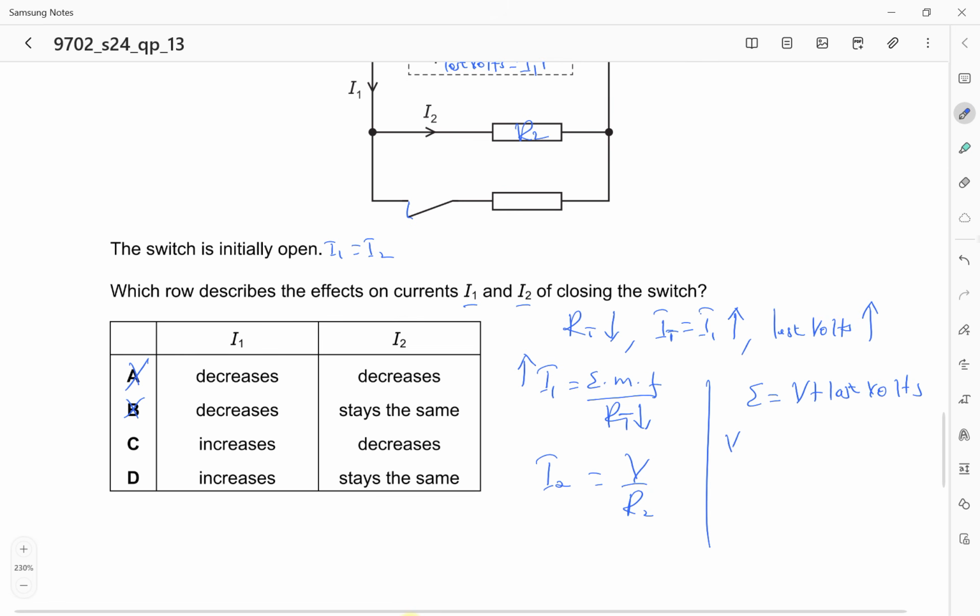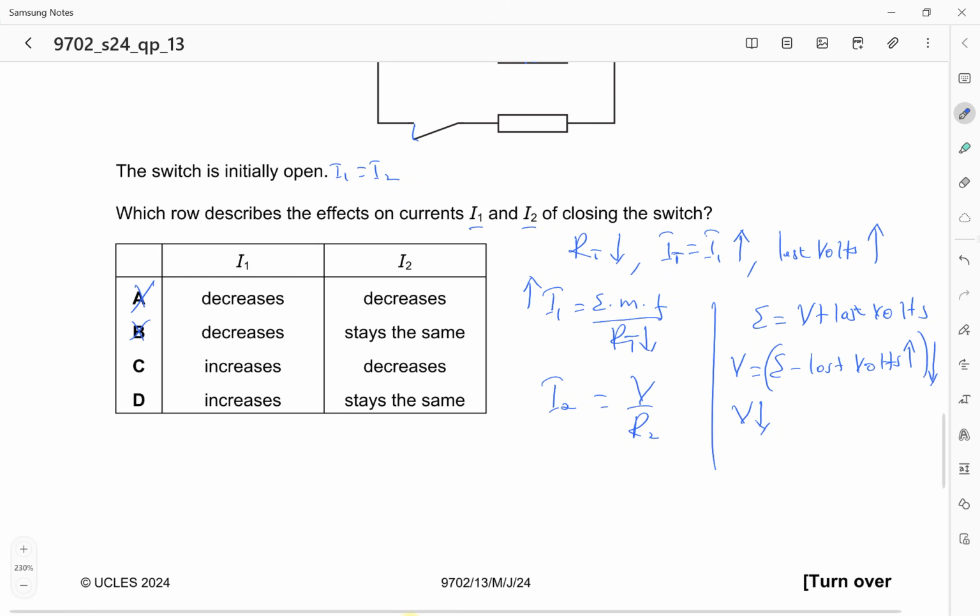But making V the subject, V is equal to the EMF minus the lost volts. The lost volts have increased. So when I subtract, the difference becomes smaller. So V has decreased. And if V has decreased without R2 changing, it means I2 has decreased. So I2 decreases. So the answer is C.